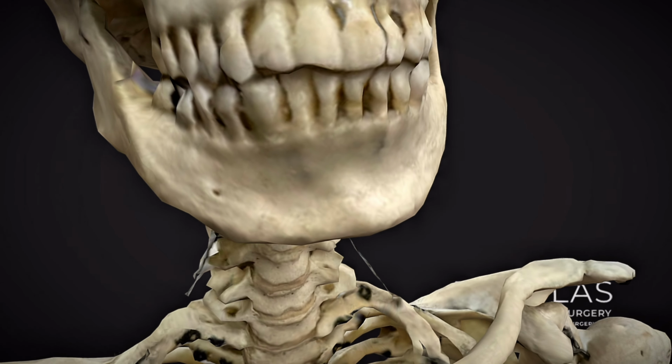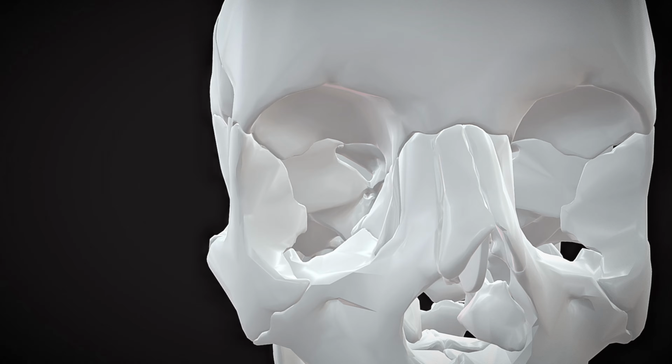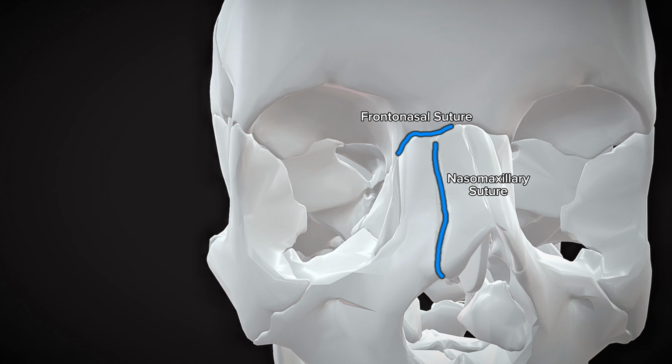Sutures visible in the norma frontalis include the frontonasal suture, the paired nasomaxillary sutures, the zygomaticomaxillary sutures, and the zygomatico-frontal sutures. Together, they outline the principal articulations between the frontal, zygomatic, nasal, and maxillary bones.